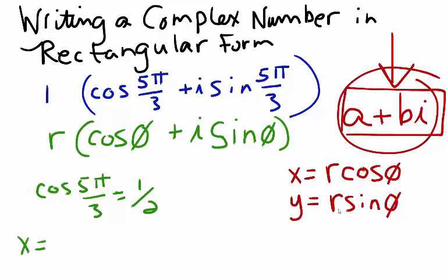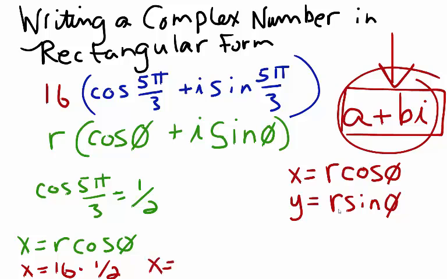I know that x equals r cosine of theta, and I see that my value for r is 16. So x equals 16 times cosine of theta, which is 1/2. 16 times 1/2 equals 8. So our x-coordinate equals 8.